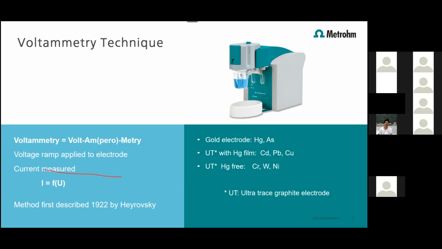This is the first time I see this equipment, because to determine metal elements we use atomic absorption spectroscopy or ICP. Yes, because ICP determines the total metal. For example, for arsenic, it will test the total arsenic, not the specific types of arsenic.